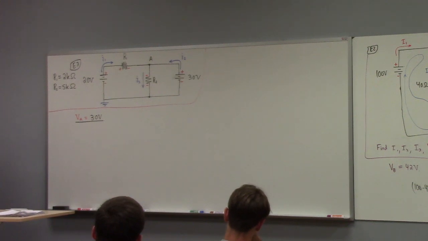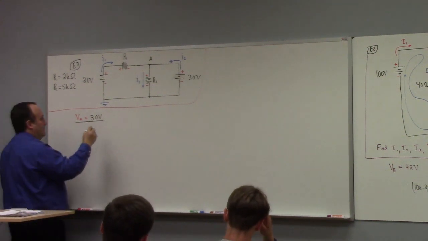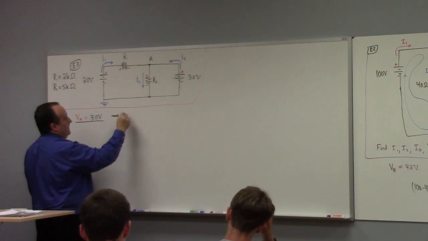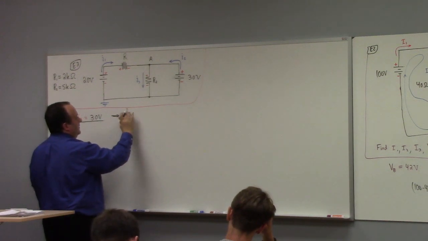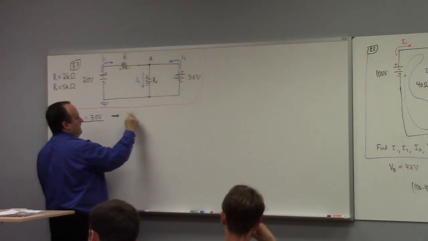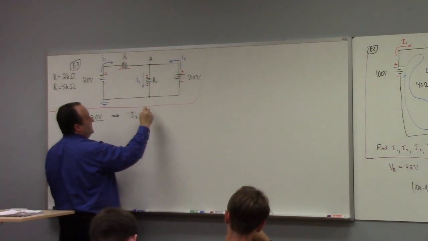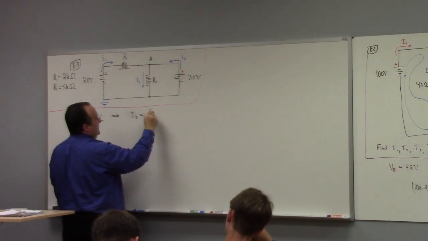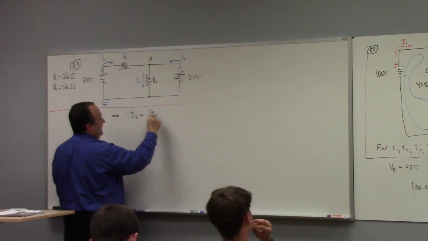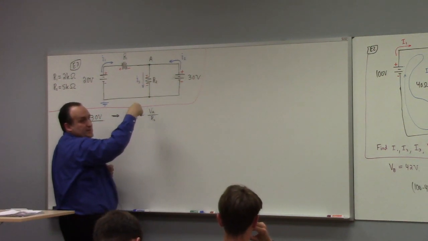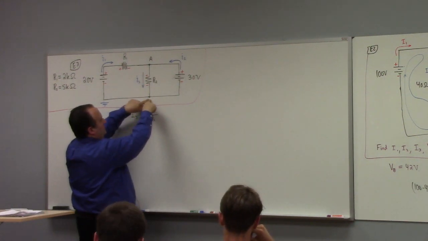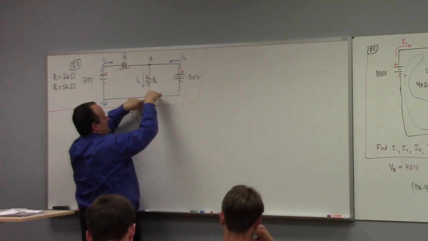So what's I3 equal to? I3 should be equal to the voltage at A divided by R2, right? Because that's Ohm's law. Because if this is 0 volts, the voltage drop is VA minus 0.